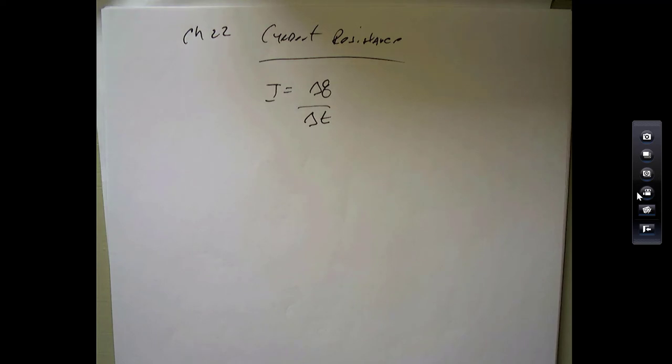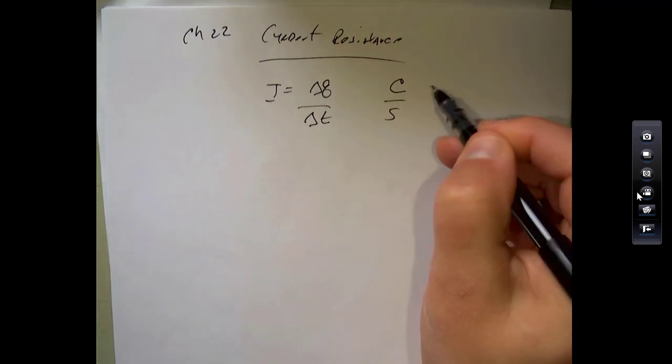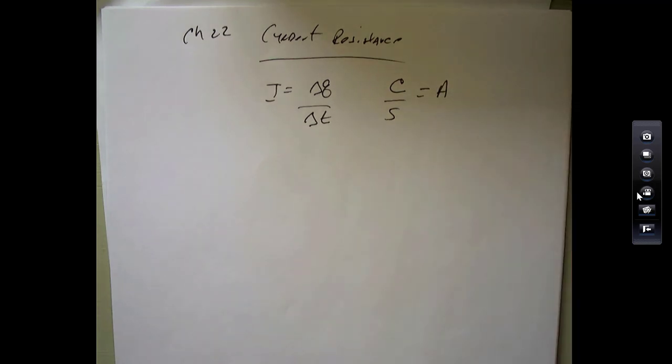So the amount of current, how many coulombs per second you have, and a coulomb per second is an amp. So whenever you see amp, remember it actually means something, how many coulombs per second. And we're dealing with conventional current. I mean, in real life, the charge carriers are electrons in metal. Electrons are actually moving through metal. But with conventional current, we just pretend that it's positive charges moving.